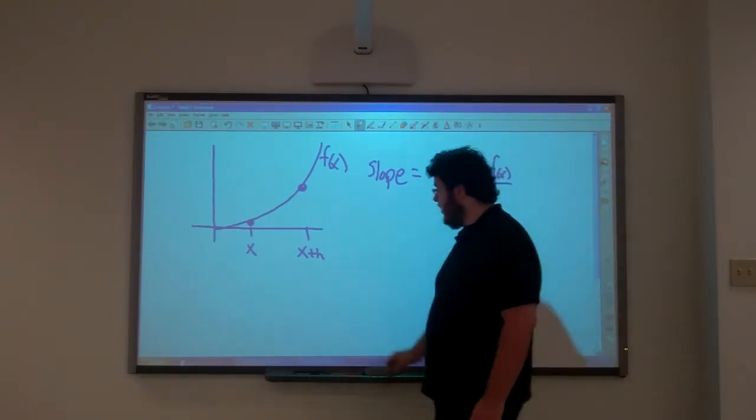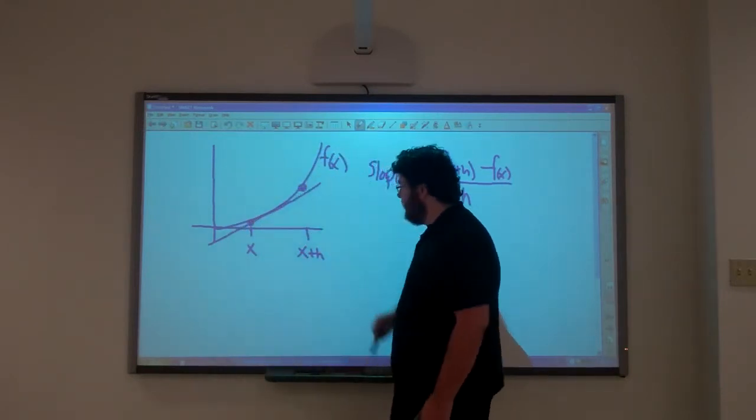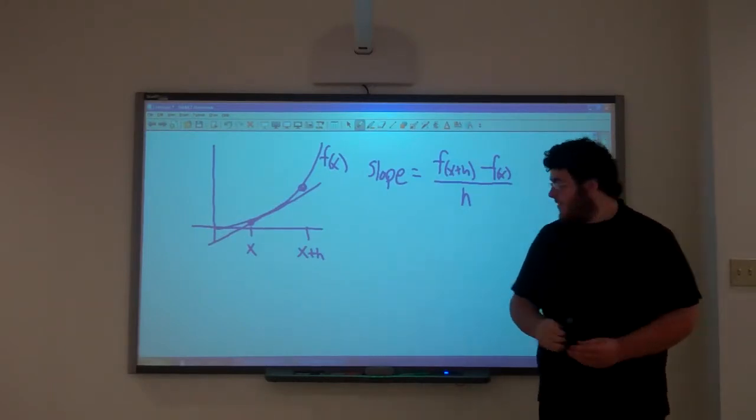So if we want the slope of this line here, all we have to do is let h go to 0. Since you're good students of calculus, you now know how to use limits. So we're going to take a limit.